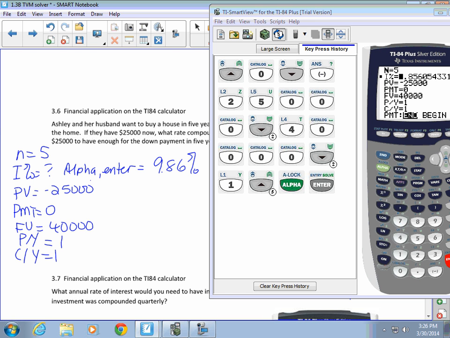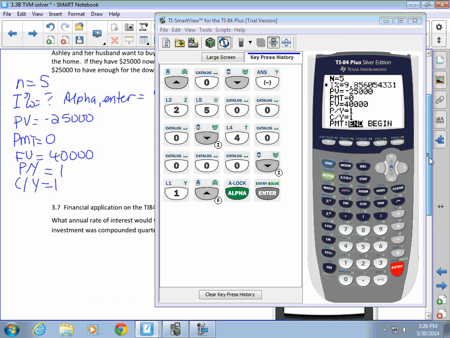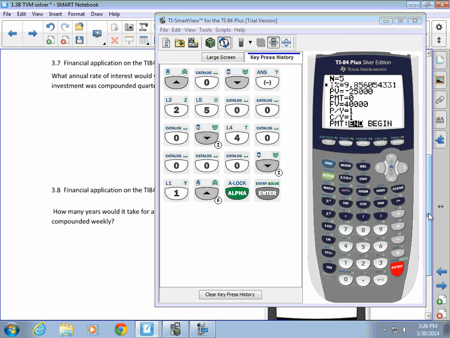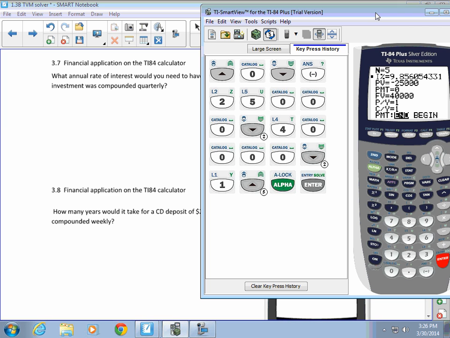Okay, the next one. What rate of interest would you need to have to take $35,000 and turn it into $65,000 in 12 years if the investment was compounded quarterly? So our number of years we have for this one is 12. We're trying to find our interest.